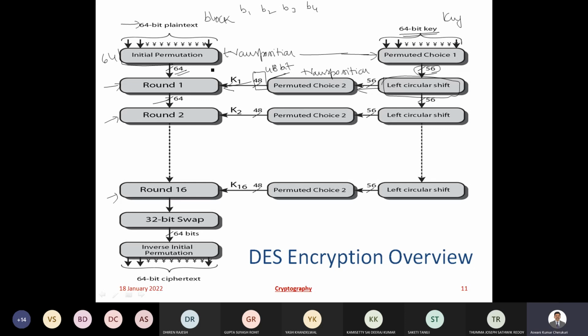Now in the round, if you take 64-bit, are you processing the entire 64-bit in each round? What are you doing in each round? We divided that 64 into 2 halves, 32 and 32, right? This is left, this is right. Do you remember that?